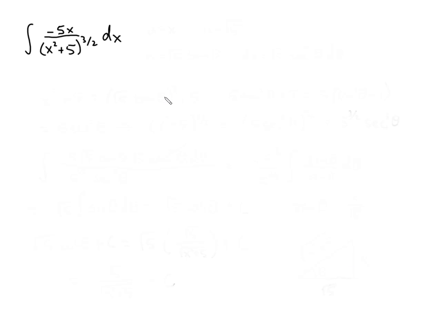All you have to do, hopefully we can all do this from what we learned in Cal 1, is just say u is equal to x squared plus 5, du is 2x dx. You can then divide this by 2 and get 1 half du is x dx.